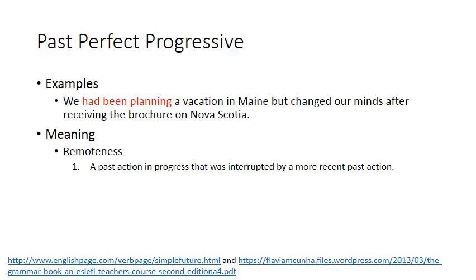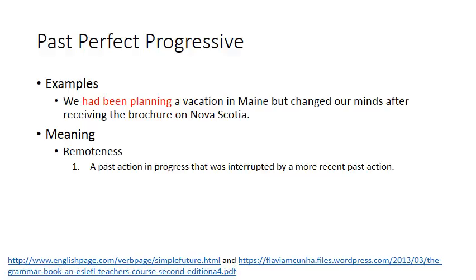So in this example, the first event is planning a vacation, right? The second event is changing our minds, right? So those are the two things that happen. The first thing that happened is we had been planning a vacation. And the second thing that happened was that we changed our mind.